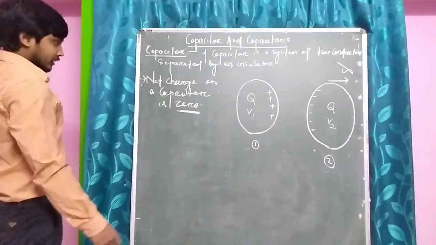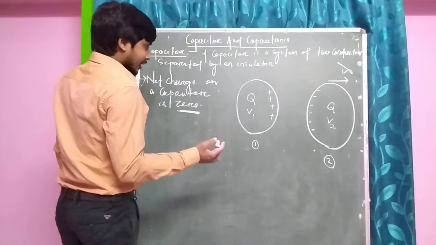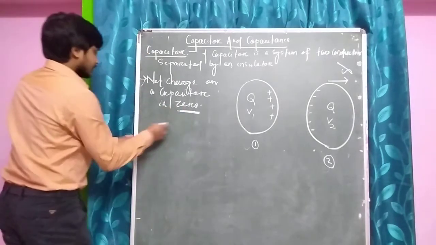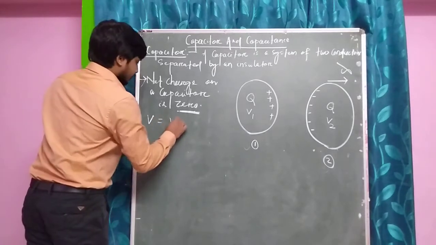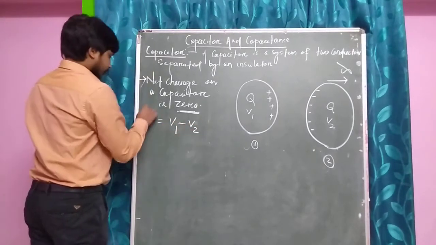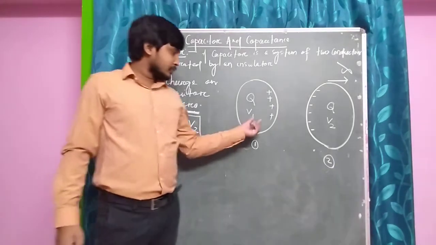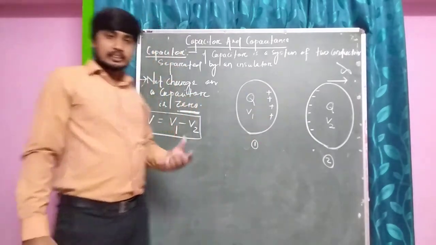Remember, whenever I say the potential of the capacitor V, it means V1 minus V2. The potential difference between these two plates is known as the potential of the capacitor.